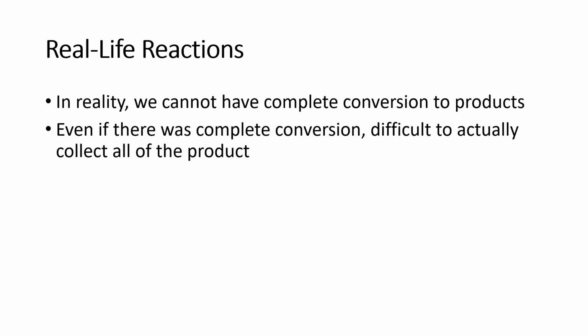For example, in a precipitation reaction, some of the ions might not come in contact to precipitate out of solution. So it's extremely difficult to get 100% yield. Typically, if you have 100% or more, it means that your sample is probably wet or is contaminated.